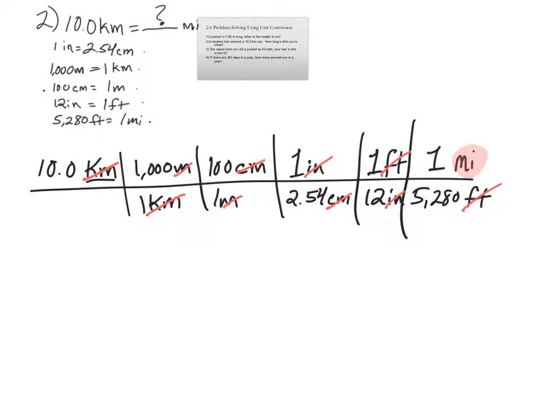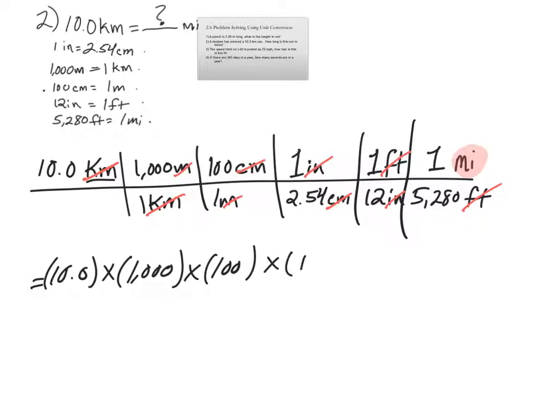Alright, so if you're going to rewrite this in a more standard notation of calculations, you could have it as 10.0 times 1,000 times 100 times 1 times 1 times 1, and then we're going to have miles.